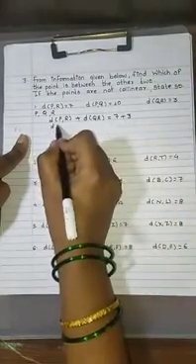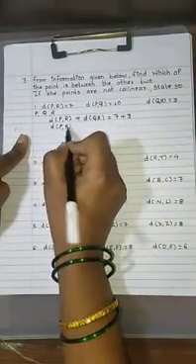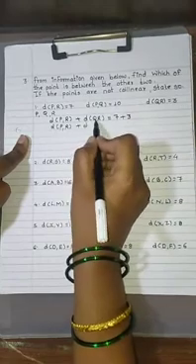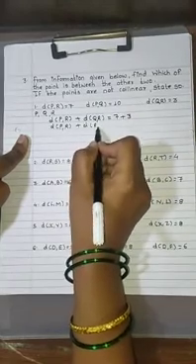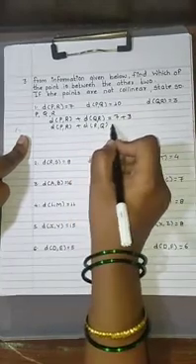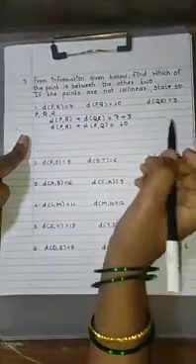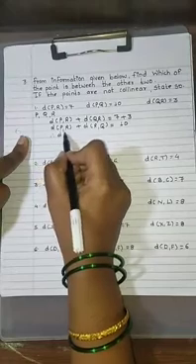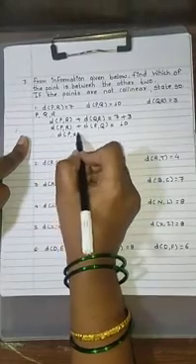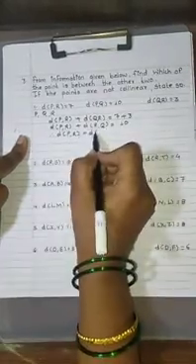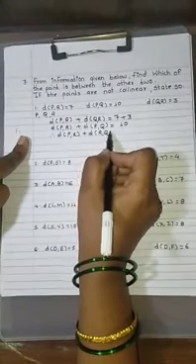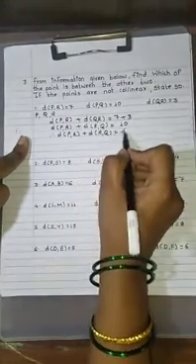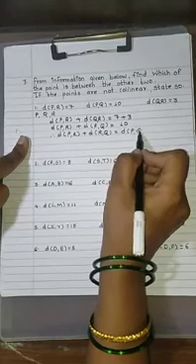Now distance PR plus distance, now this QR can be written as RQ also, is equal to 10. Now you can see what is 10? PQ. Therefore distance PR plus distance RQ is equal to distance PQ.